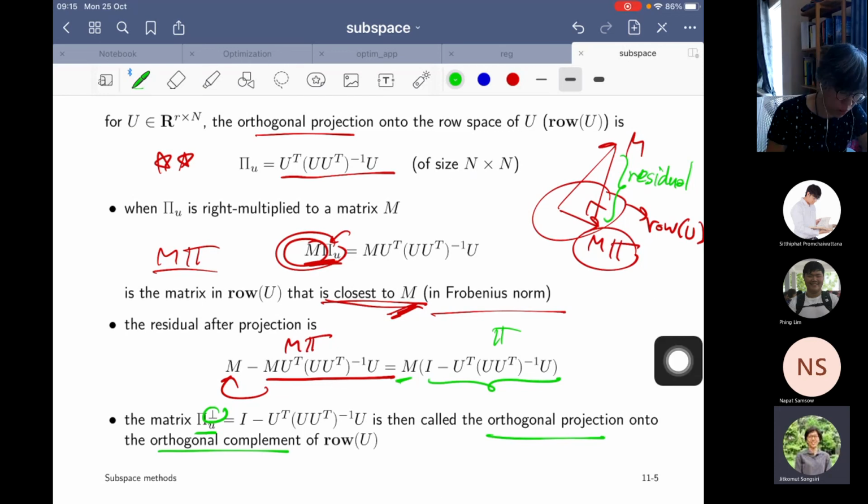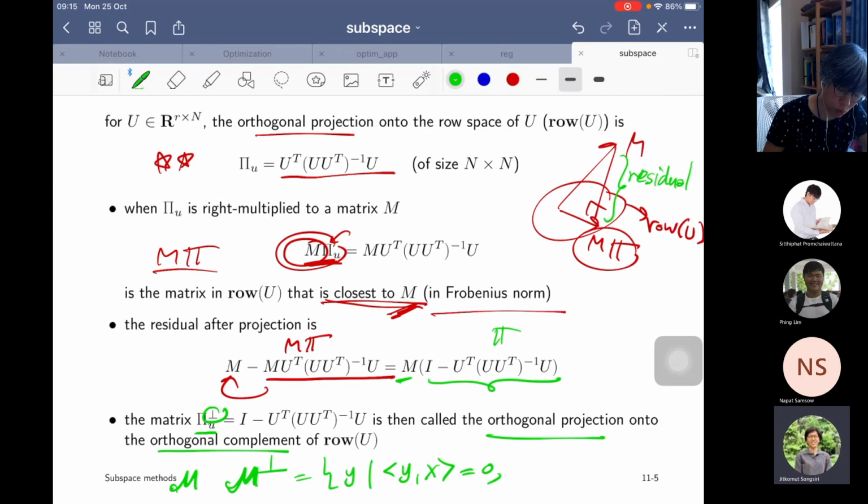Let me recall that when you have a subspace M, we can also define the orthogonal complement of M using the symbol perp. M is a subspace. M perp is a collection of Y such that the inner product between Y and X is always 0 for any X in M. Basically, M perp is a set, and we can also show that it is a vector space.